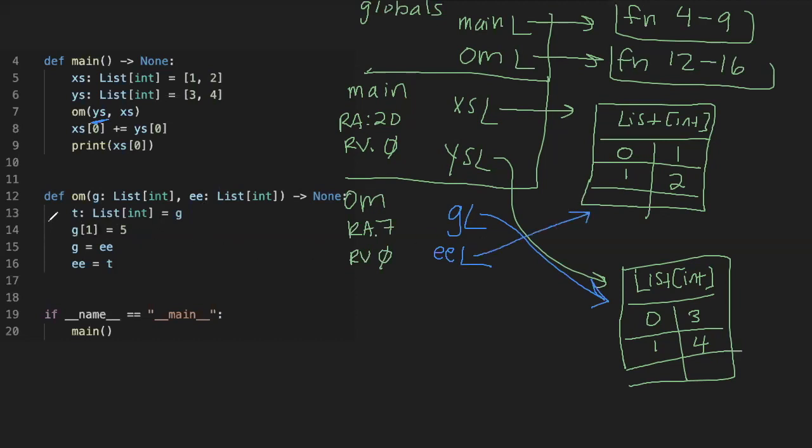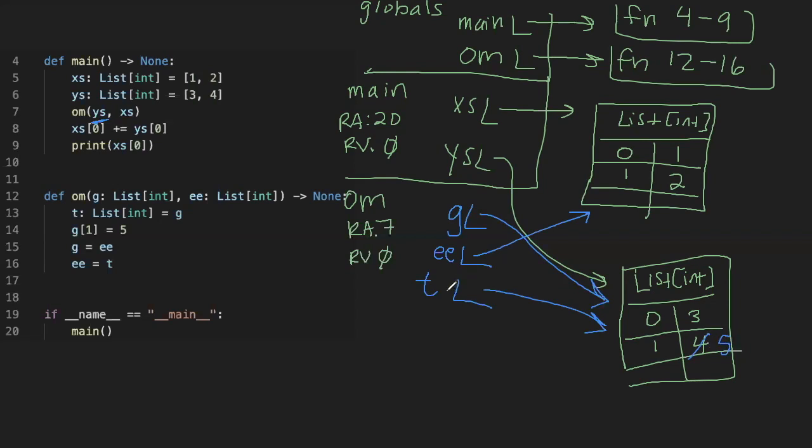Okay, so then on line 13, we set up a new variable in the OM frame T, which is a list that is pointing to the same place as G, which is over here. Okay, and then we say on line 14 to go to G at index 1 and make it 5.